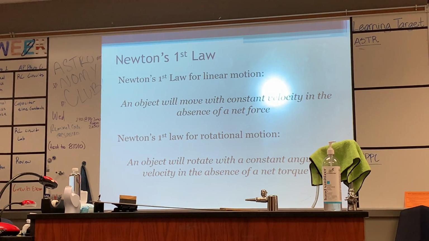We've been using this already, right? That is static equilibrium. Remember, 0 is a constant velocity. An object can be stationary and not moving, and that counts as a constant velocity. So we've been using that when we balance objects. They have 0 angular acceleration, which means they have no net torque.